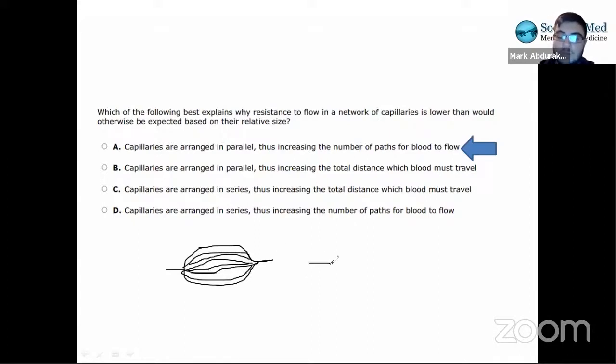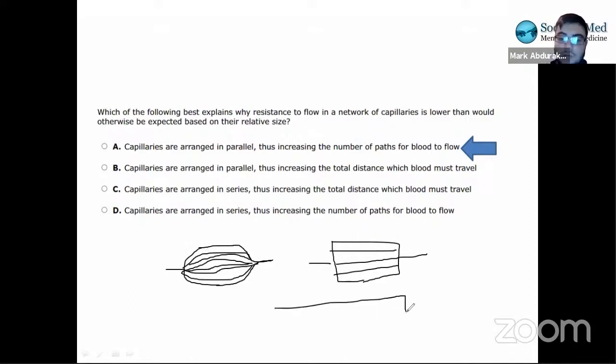Well, what does a parallel circuit look like? A parallel circuit, if drawn very simply, looks like this. You see how it looks almost exactly the same, right? And remember that a series circuit is just a straight line.